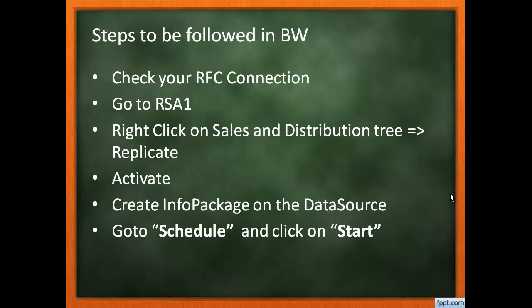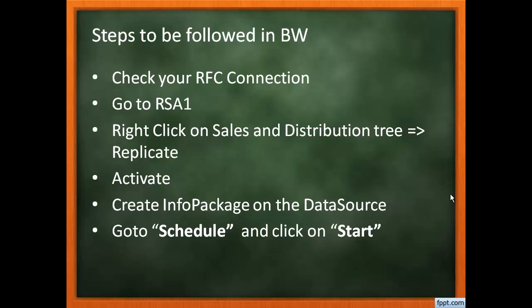Once you've done all the steps, then we need to follow certain steps in the BW system side as well. Let's check it out. First thing, you need to check whether your RFC connection is successfully connected or not. Then go to RSA1 transaction code, right click on your sales and distribution tree, select replicate, or you can enter the transaction code RSDS by entering the data source name.